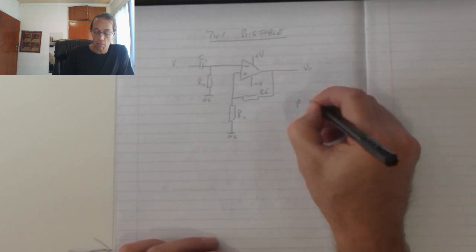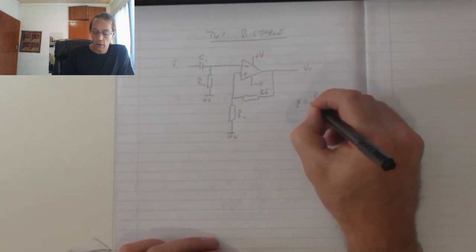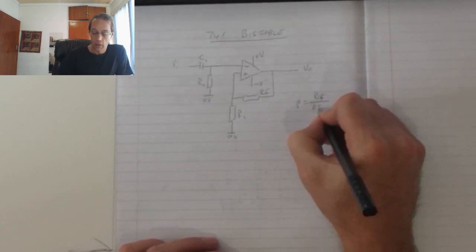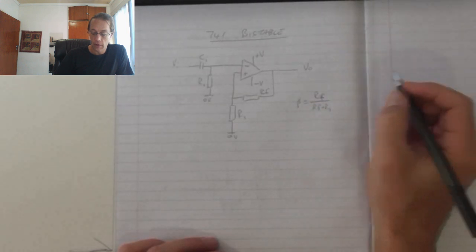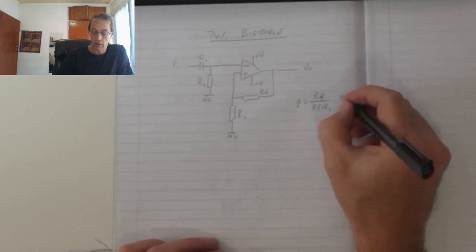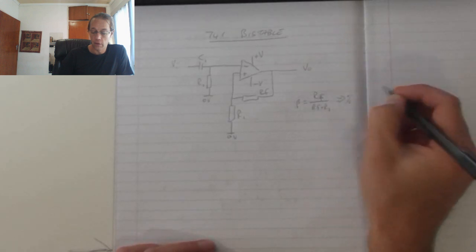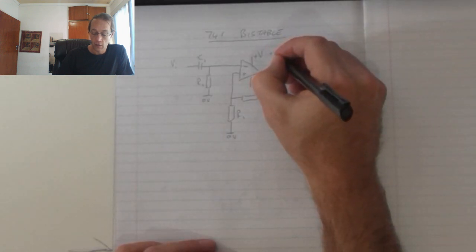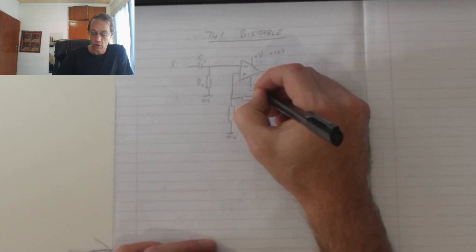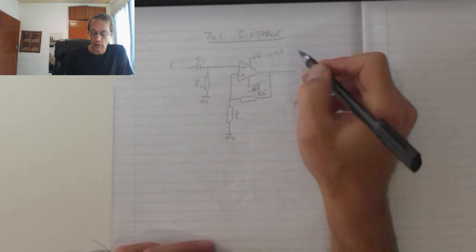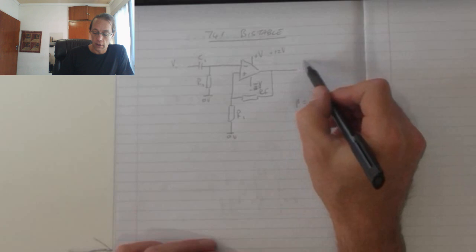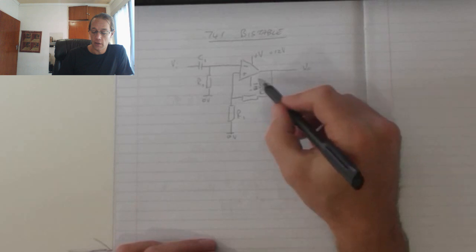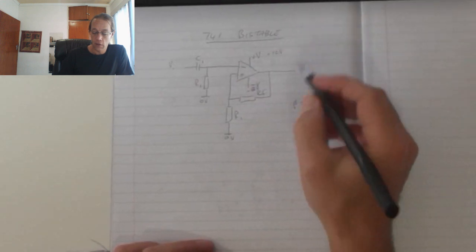The formula to calculate that is beta equals RF divided by RF plus R1. Now this value refers to a percentage of the output voltage that will be fed back. Now if this is a plus 12 and this is a minus 12 supply, then my output voltage will be either equal to plus 12 or minus 12, depending on which state my op amp is in.